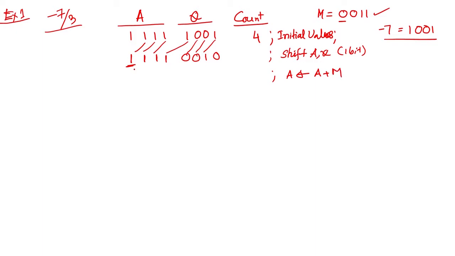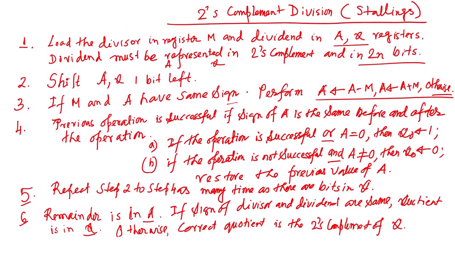So now we add 0 0 1 1. Then what will be the result? 1 1 0, 1 1 1, 1 1 0, 1 1 0. So this is the result, 0 0 1 0. So we perform the subtraction. Next, we perform step 3: the previous operation is successful if the sign of A is the same before and after the operation.